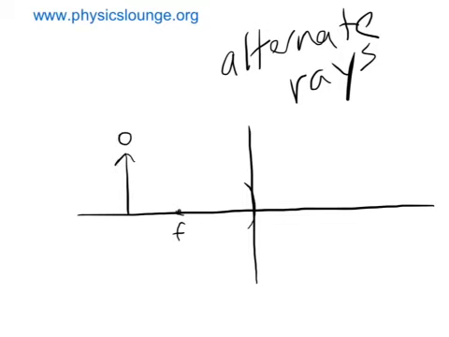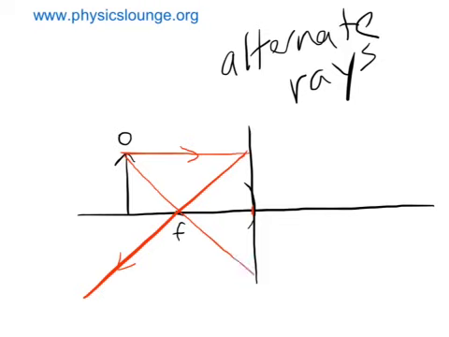So before I said you can draw a parallel ray that reflects through the focal point. That one you should always draw, I think. It makes sense. It's one of the easiest ones you can draw. And previously I've said to use equal angle reflection right at the center of the mirror. But what I'd like to offer you now is one which goes through the focal point and then reflects parallel.